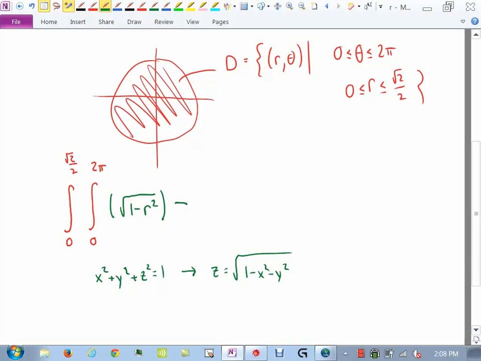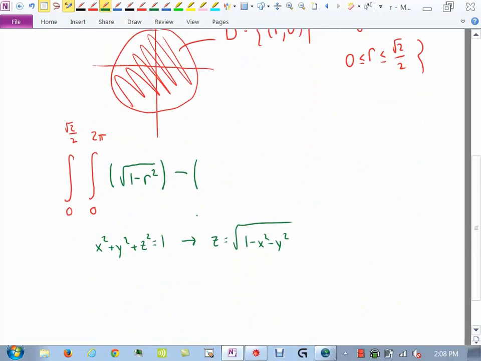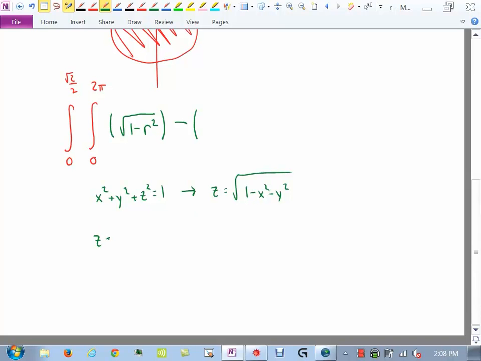What's the equation of the cone? Look at the equation up there. z was equal to the square root of x squared plus y squared. x squared plus y squared is r squared. So the square root of r squared is r. So z is r. The polar equation for a cone is z is r.